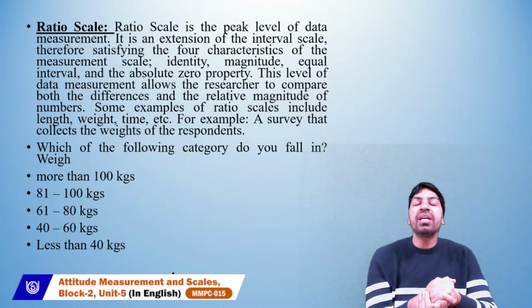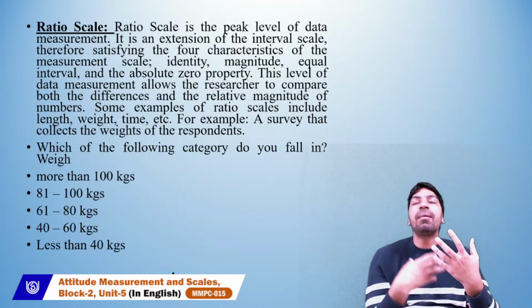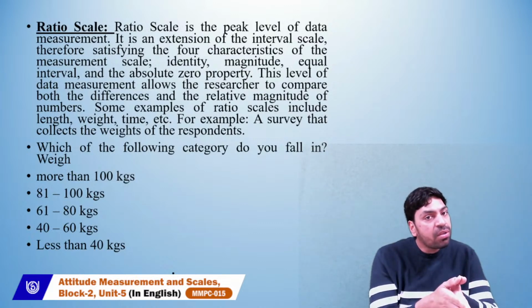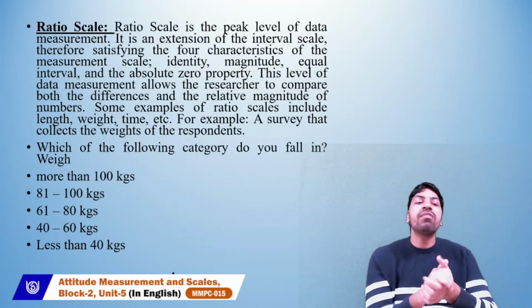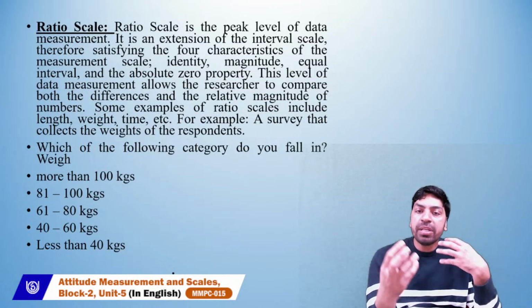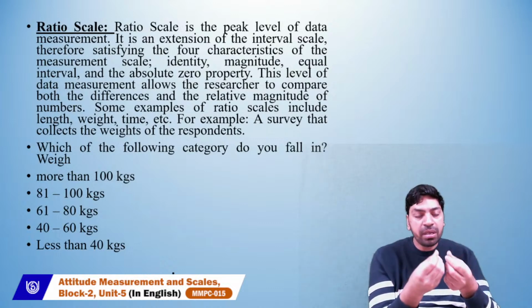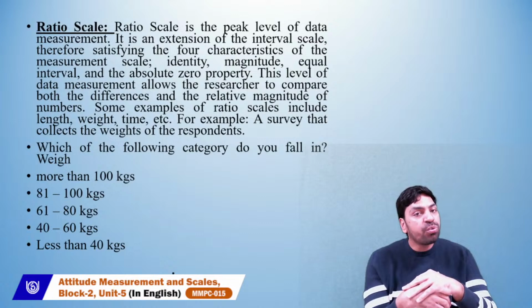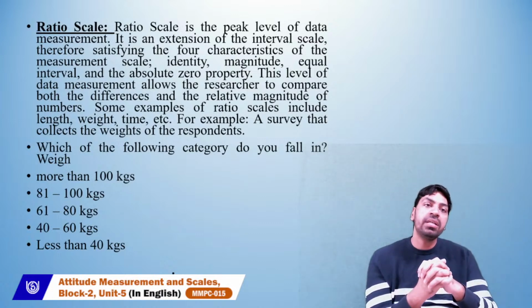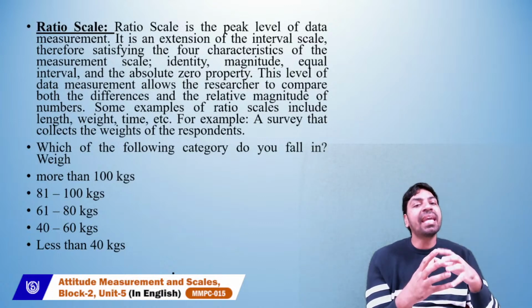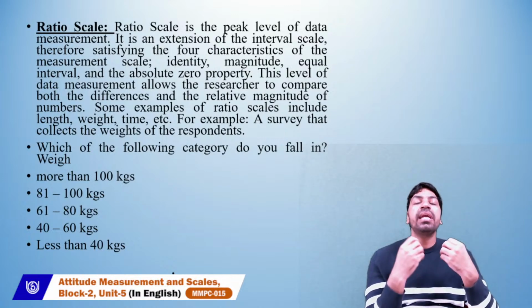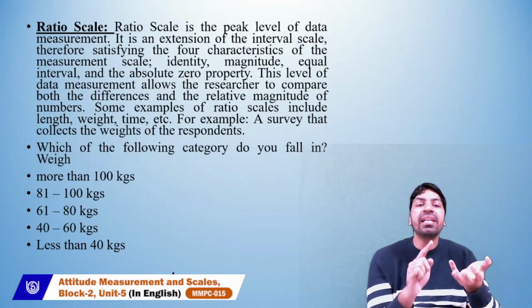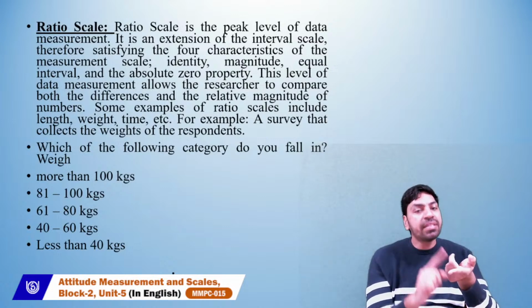That means the researcher is trying to compare the differences and also the magnitude of numbers, using integral or non-integral numbers on this scale. Such a scale can be used in calculating length, weight, height, time, etc.